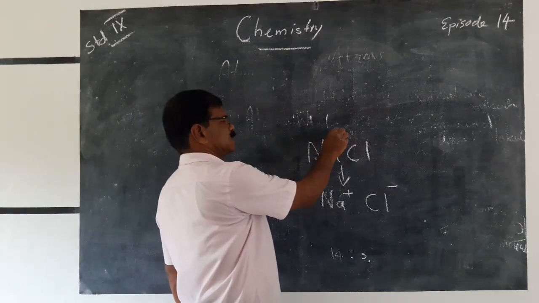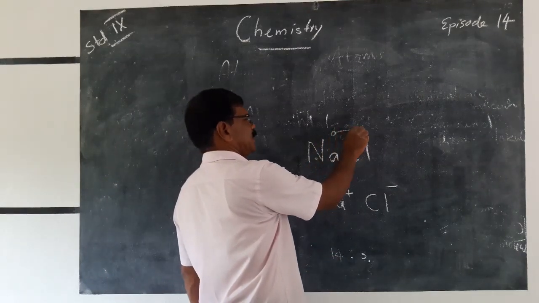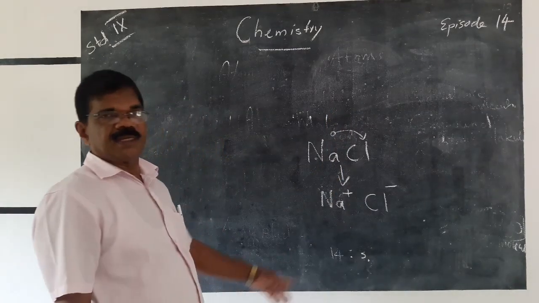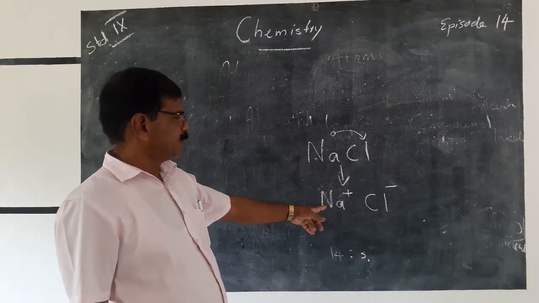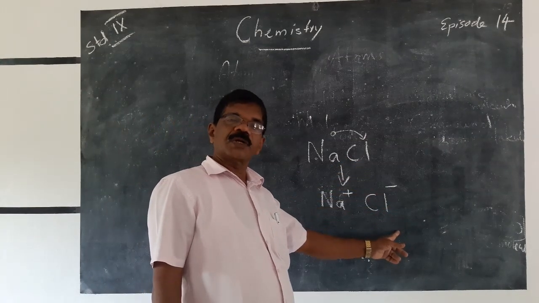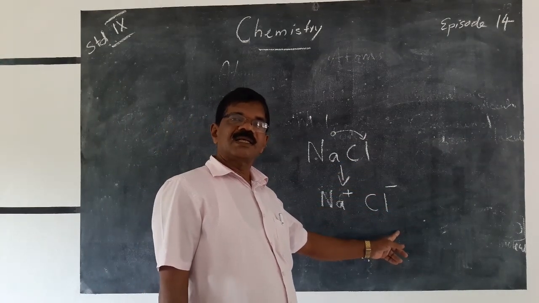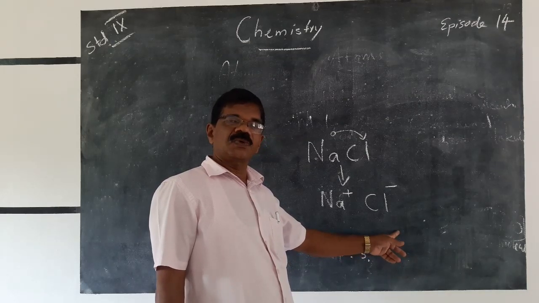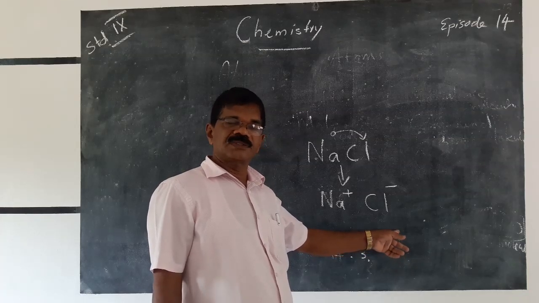One electron from sodium is given to chlorine, and then sodium becomes a positively charged sodium ion and chlorine becomes a negatively charged chloride ion. Atoms having a charge, charged species, are called ions.